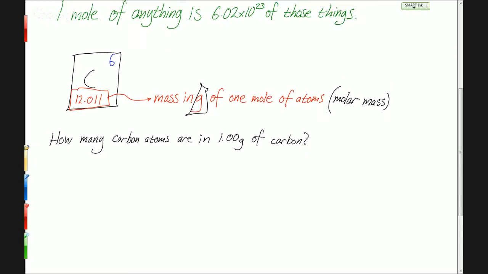So here's how we would set that up. We could say 1.00 grams of carbon, and set up a conversion that tells us how many grams are in how many moles. We look at the periodic table and we see that there are 12.011 grams in 1 mole of carbon.